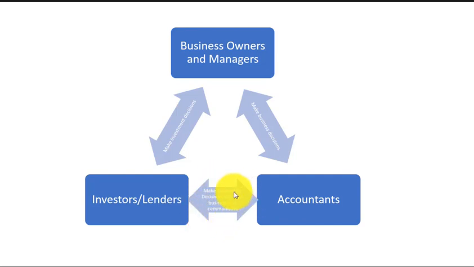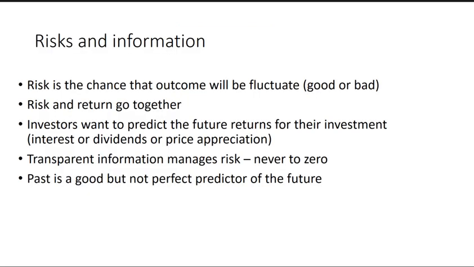Okay, as long as the accountants can be trusted to communicate that the rules are being followed, that the information that we're working from can be trusted. Because if you can't be trusted, then the risk of having no return or bad information is too high, and most times investors are going to go somewhere else, or they're going to keep their money under a mattress, some form of that.